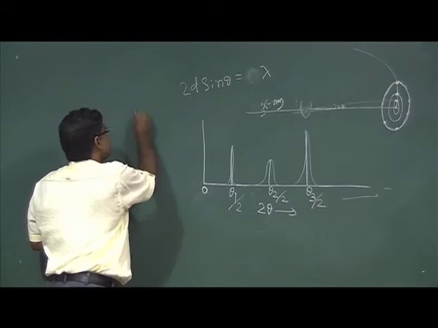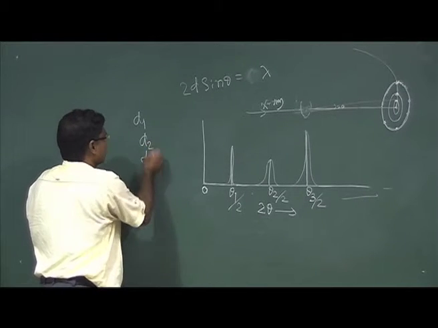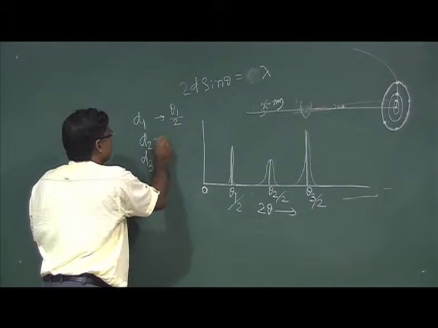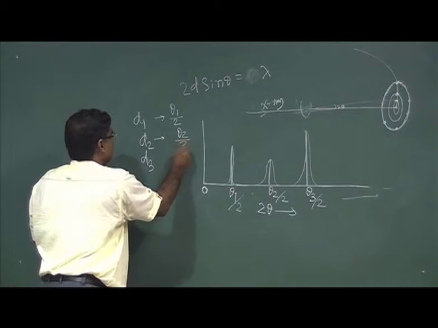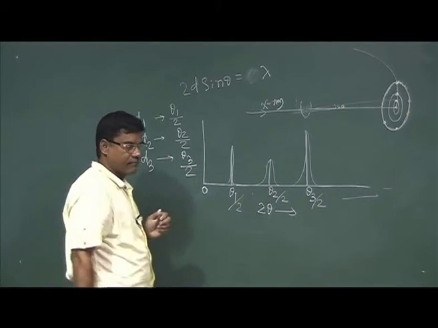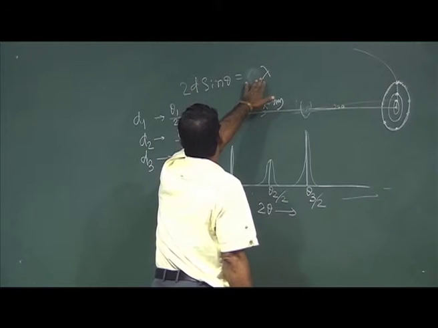So this is d1, d2, d3, with angles theta 1 by 2, theta 2 by 2, theta 3 by 2. Lambda is constant for all the cases.